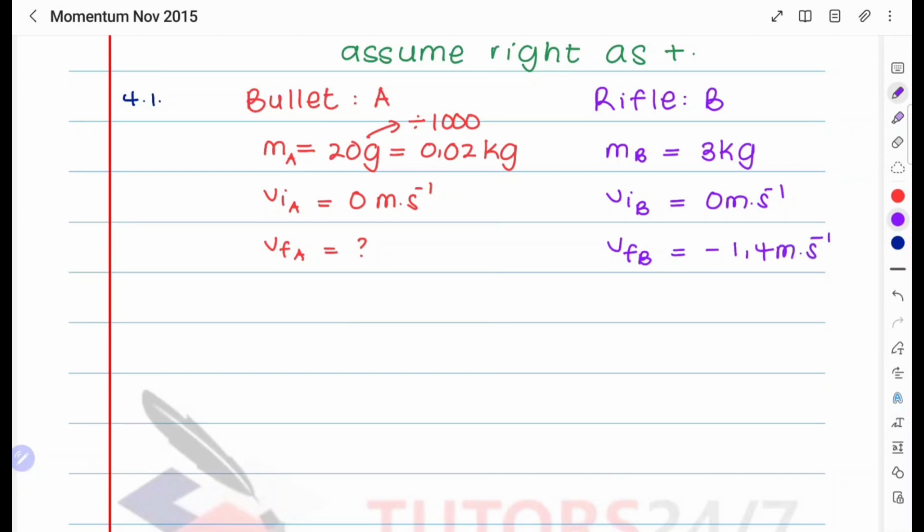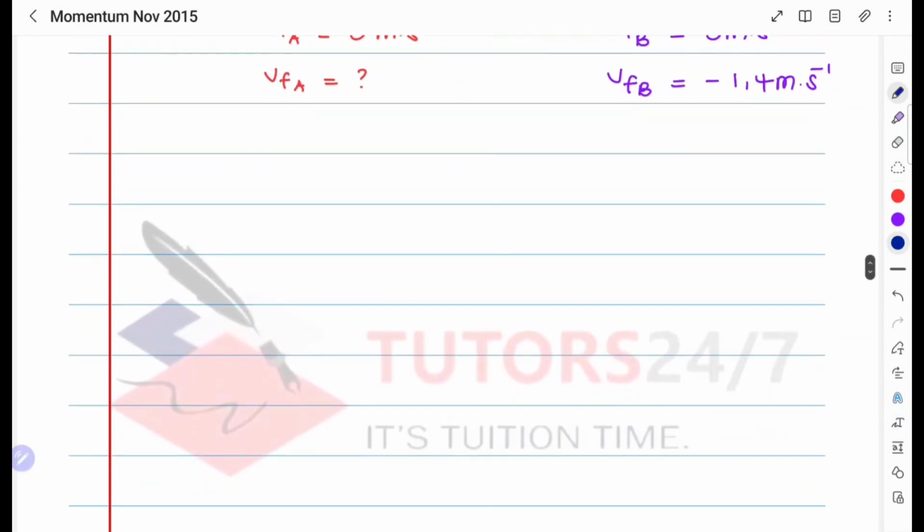It's important to assume a positive and negative direction, because if you do not put the correct signs into your equation, then you will not produce a correct answer. Your answer will be incorrect. So from here, we now have all of the known and unknown quantities. Our only job is to write down our equation and substitute. So we are going to use our conservation of linear momentum equation.